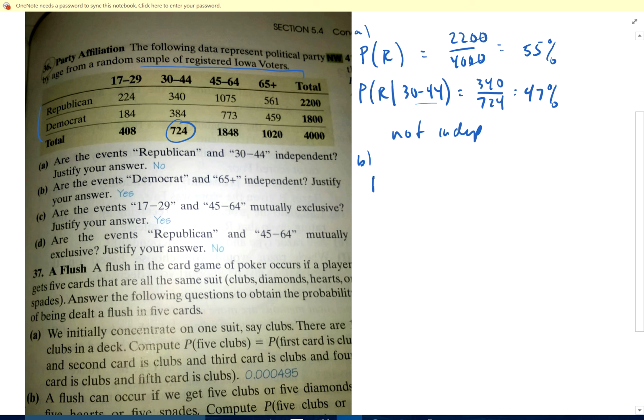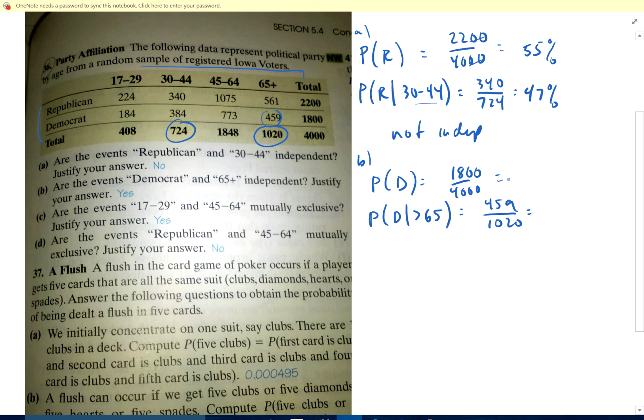B. Democrat and over 65. Democrat given greater than 65. So the probability you're a Democrat is 1,800 over 4,000. Greater than 65 is 1,020, and given you're greater than 65 and a Democrat, 459.